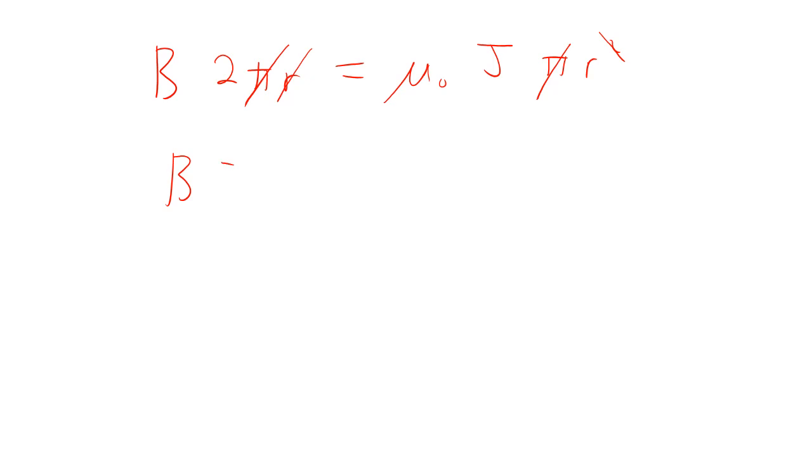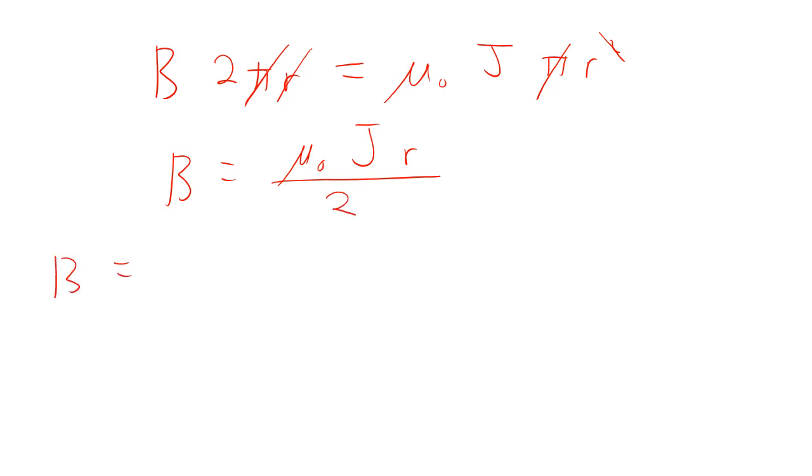So B times 2 pi r, the distance around the circle, is equal to mu naught times I. Well, I is equal to J times pi r squared. So the pi's cancel, and that r cancels one of those r's. So the magnetic field is going to be mu naught J r divided by 2.